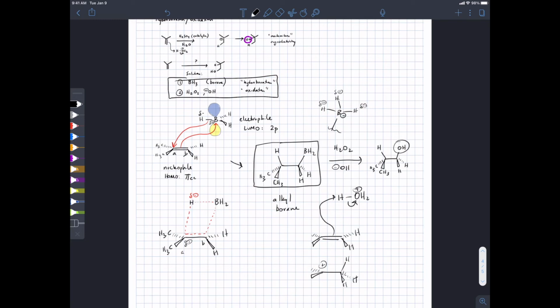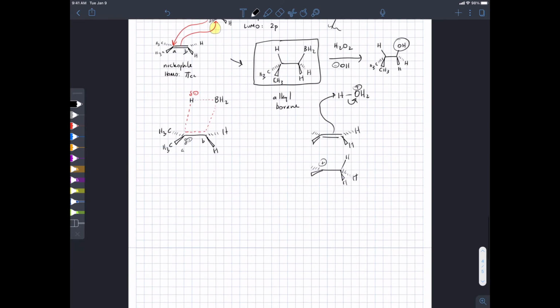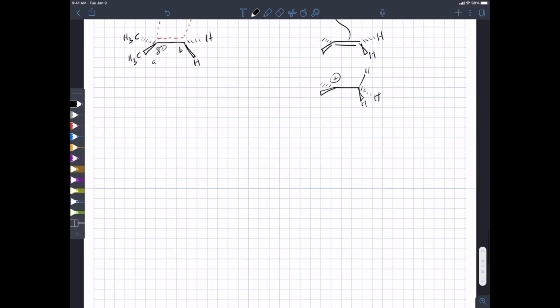We need maybe one other example to demonstrate the fact that this is indeed a syn addition. So we'll use our favorite methylcyclohexene.